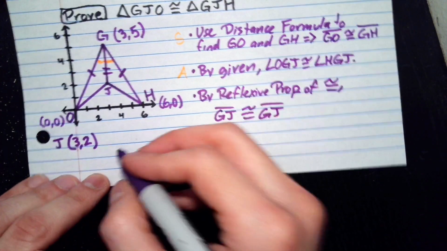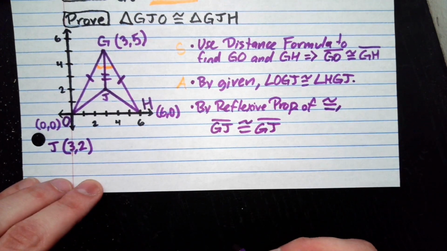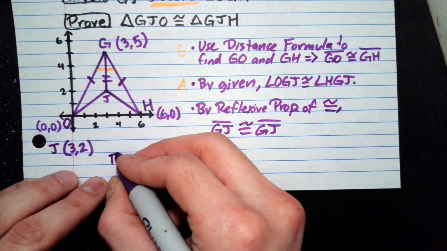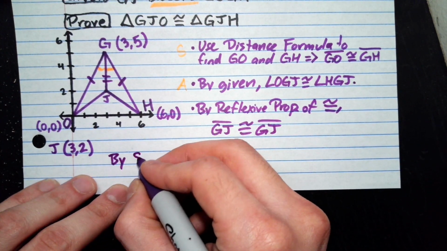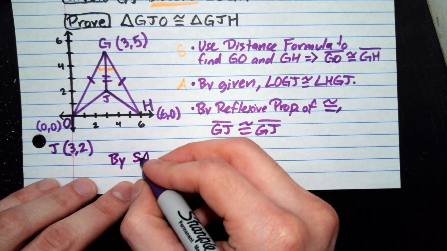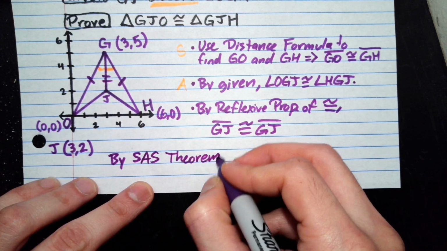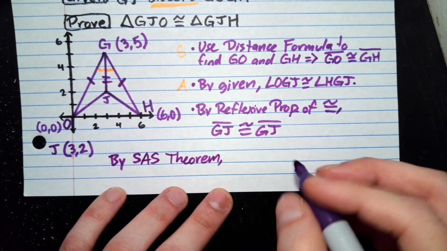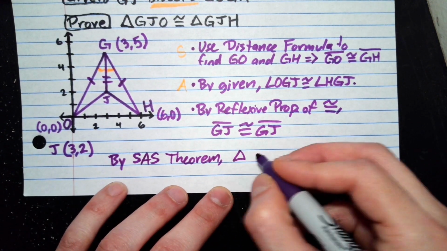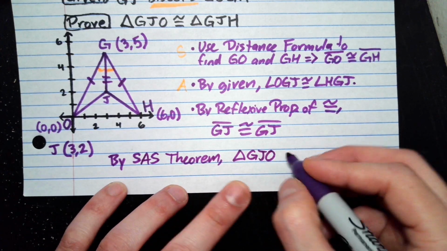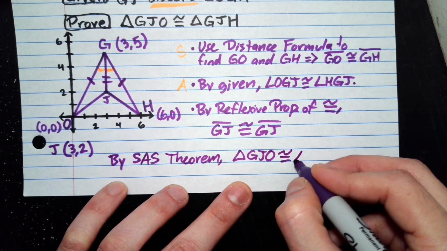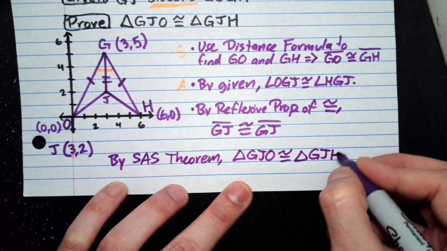And so now we can finalize this proof, or the plan of the proof, by saying that by SAS theorem, we now know that triangle GJO has to be congruent to triangle GJH.